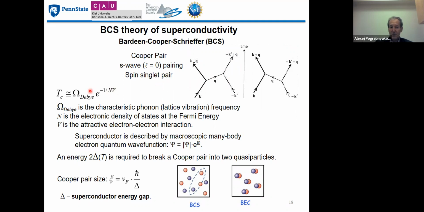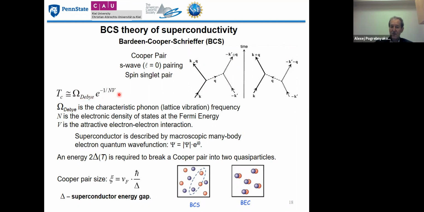The critical temperature was obtained in this BCS theory. We can see that this is some characteristic frequency of a material, in particular the Debye frequency.